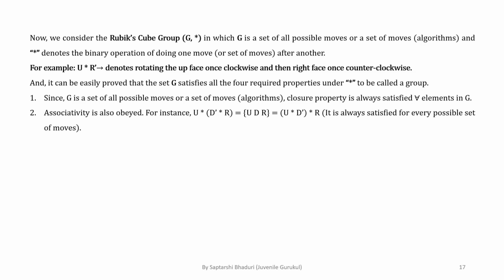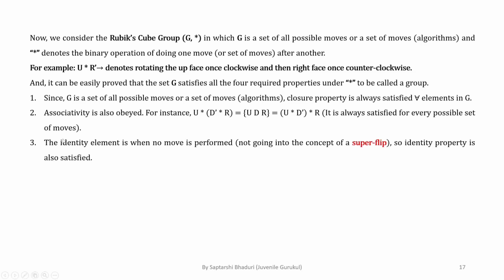For instance, U star D prime star R means first we turn the up face clockwise, then the down face counterclockwise, and then the right face clockwise, which is equal to the same moves grouped differently, and it is always satisfied for every possible set of moves.